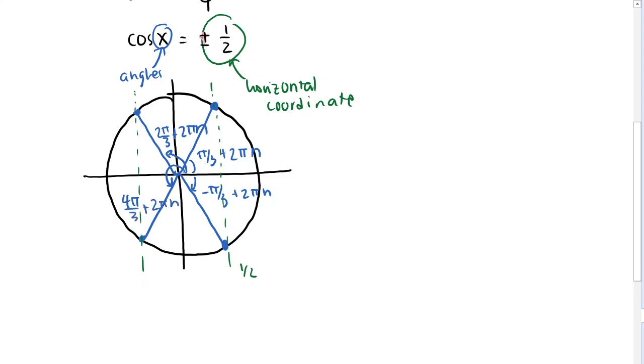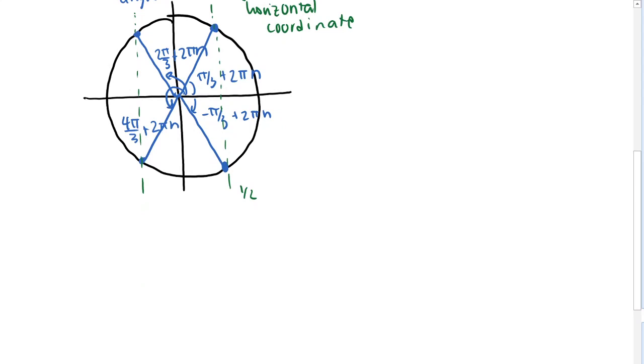Or we could have written negative 2 pi over 3 plus 2 pi n. Those are really describing the same sets of values. So here x is equal to, maybe I'll write it directly below so I have some space on the right, x is equal to plus or minus pi over 3 plus 2 pi n, or 2 pi over 3 plus 2 pi n.